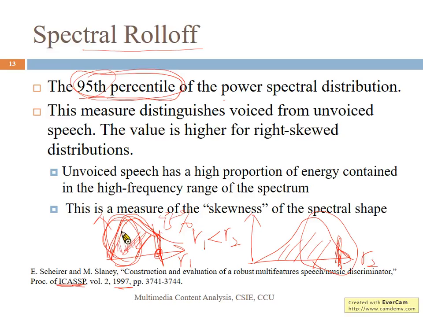So it's a very simple description of whether the given audio signal concentrates more on lower or higher frequency. Unvoiced speech has a high proportion of energy in the high frequency range of the spectrum, so unvoiced speech is more like this distribution. This is a measure of the skewness of the spectral shape.